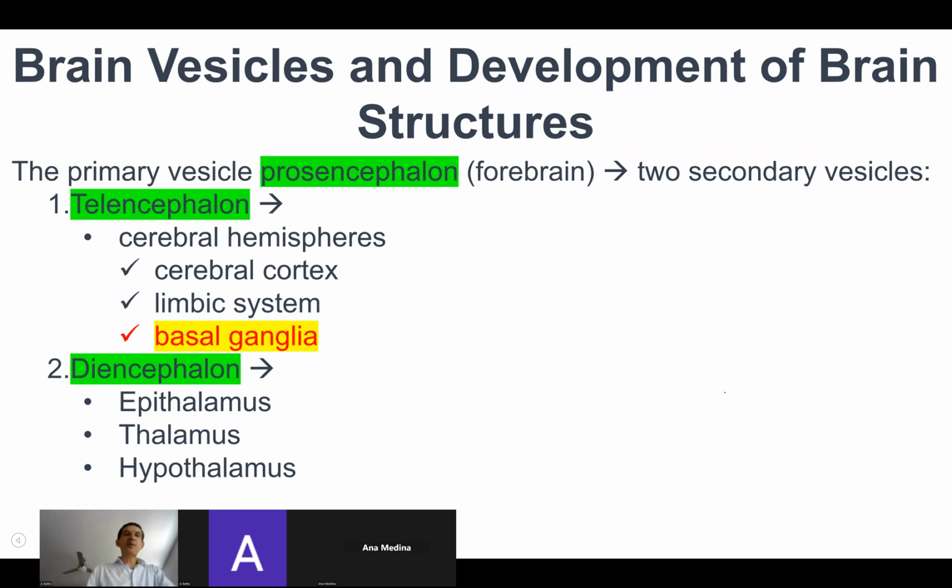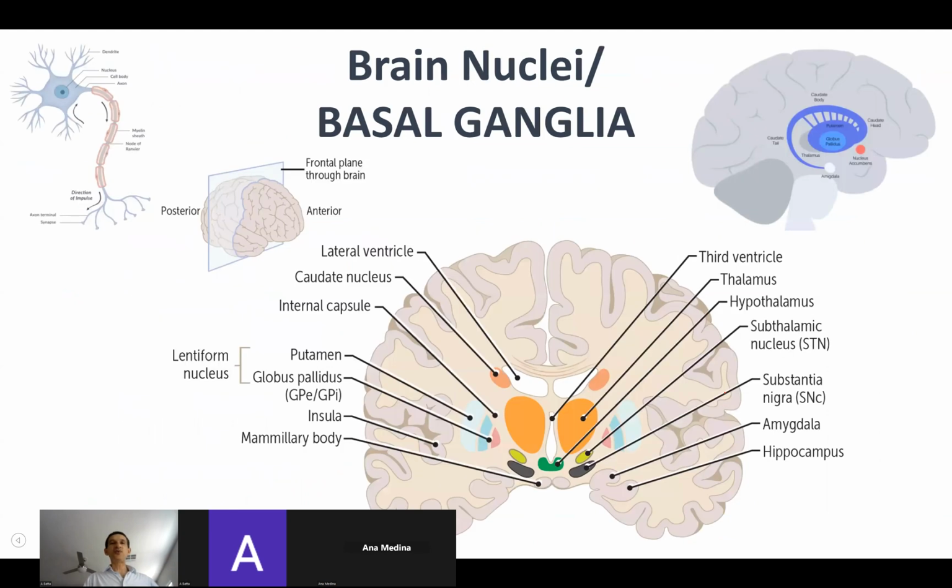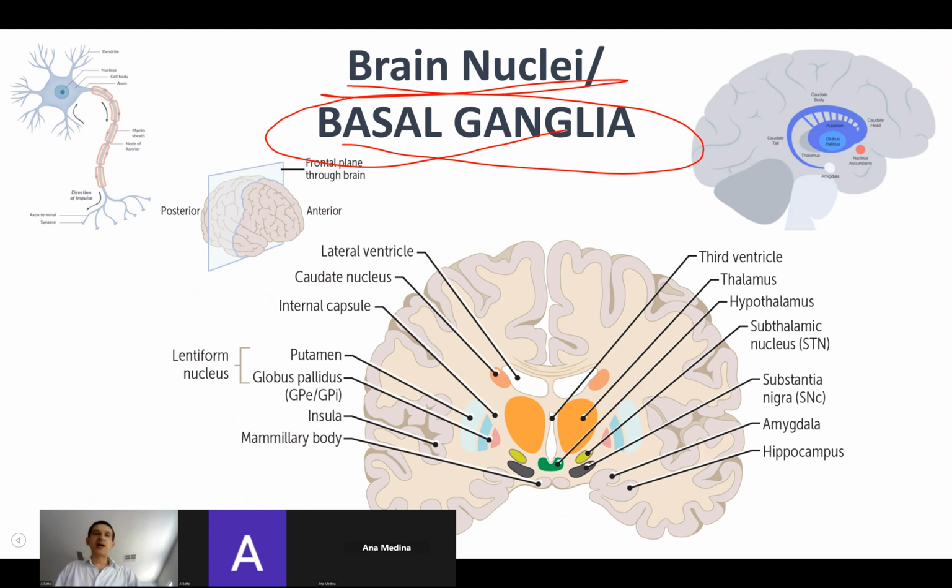Now let's talk about basal ganglia that I mentioned earlier. Basal ganglia are also known as brain nuclei. Most of the time clinicians use basal ganglia. Non-clinicians do mention brain nuclei, although it's not like clinicians don't know what nuclei is. The brain nuclei that you need to know are the lentiform nucleus, which is made up of the putamen and globus pallidus, which has two parts.